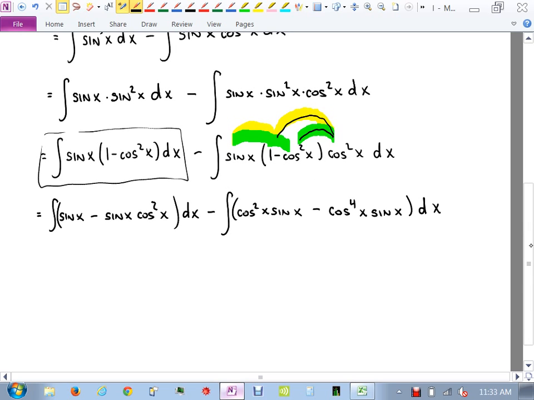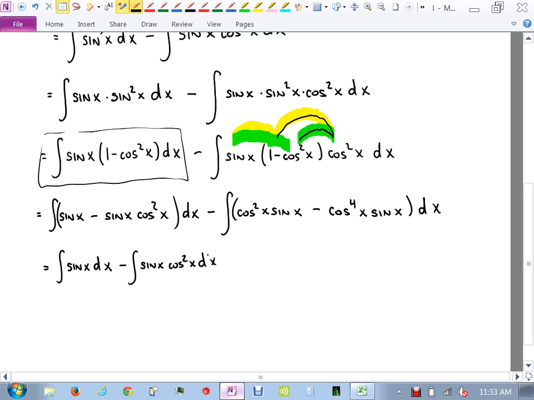Believe it or not, this is all good now. Do you see why? Does it cancel? Let's see. Do you agree this is now 1, 2, 3? We can write this as 4 integrals. Okay, let's try it. Integral sine x dx minus integral sine x cosine squared x dx.